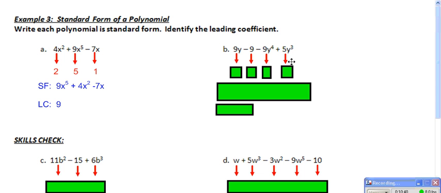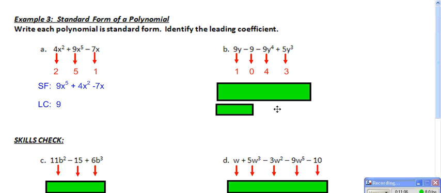Example B, same concept. I just drew my arrows in there. I'm going to go ahead and figure out the degrees based upon my variables. 9y, exponent of 1. No variable present here, so we're not going to have a degree. Y to the 4th would have a degree of 4, and 5y to the 3rd has a degree of 3.